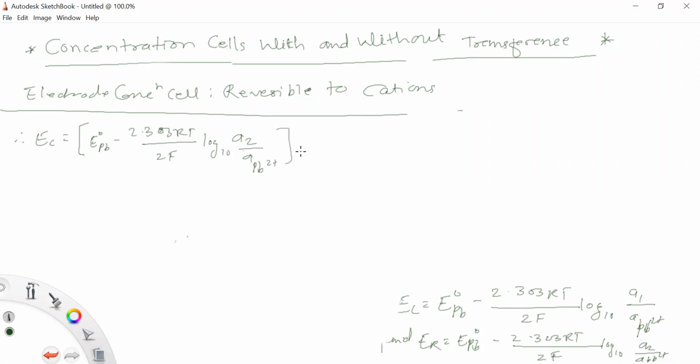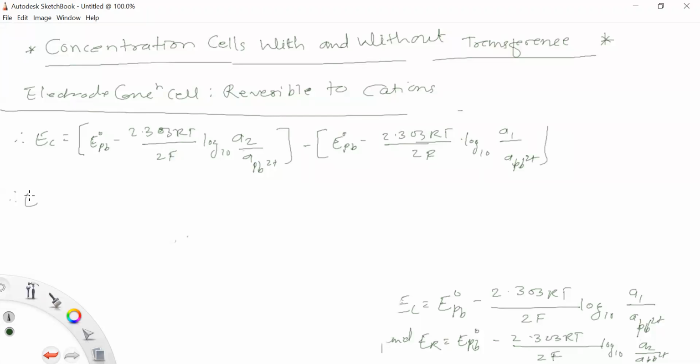So this is your first minus this E0Pb minus 2.303 RT upon 2F into log of to the base 10 activity A1 upon activity of Pb. हे दोन्ही इक्वेशन्स फक्त आपण EC is equals to ER minus EL च्या फॉर्म मध्ये लिहिले हे दोन इक्वेशन्स, राईट.